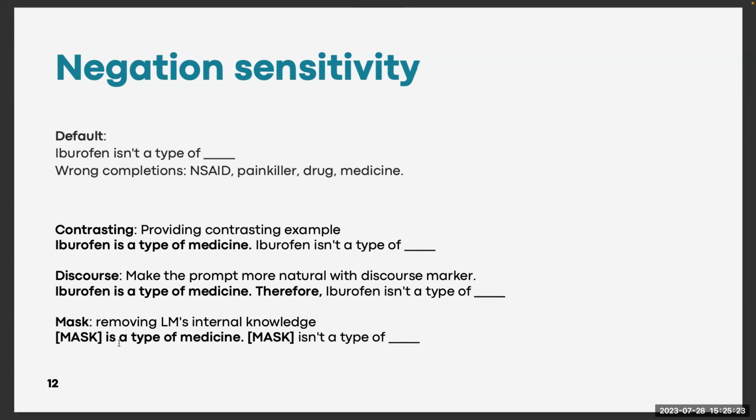And mask here is an attempt to remove the internal knowledge of the language model. The intuition for those ablations is that I want to measure whether the model is able to differentiate between the two contexts, or whether it is very easily distracted and will just repeat whatever is provided in the non-negative query.